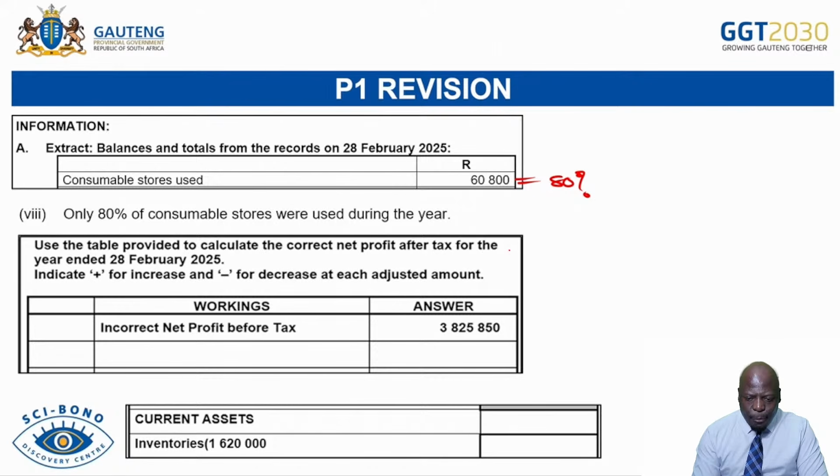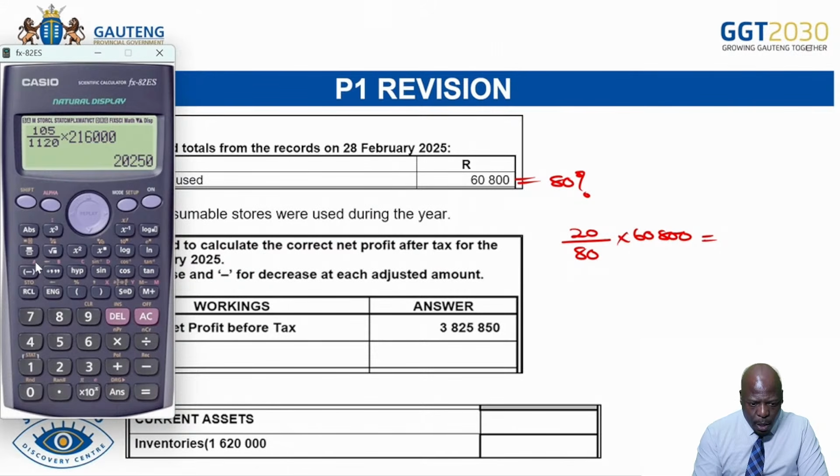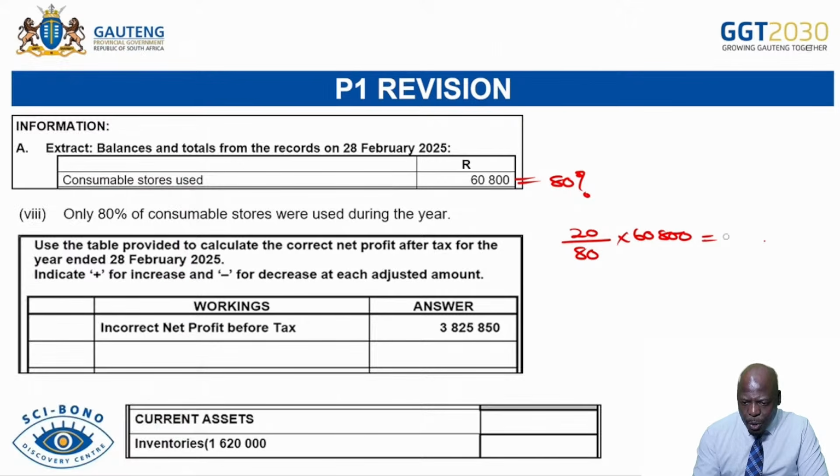So we must have consumable stores on hand, and the consumable stores on hand is the 20%. But what we have is the 80% times the 60.8. So we therefore come here and say, we want 20, we have 80, and we multiply that by 60,800. And we end up with 15,200. Like that. Consumable stores on hand.